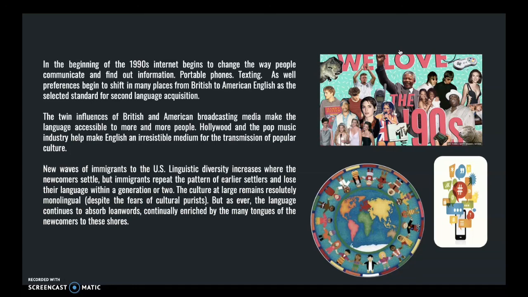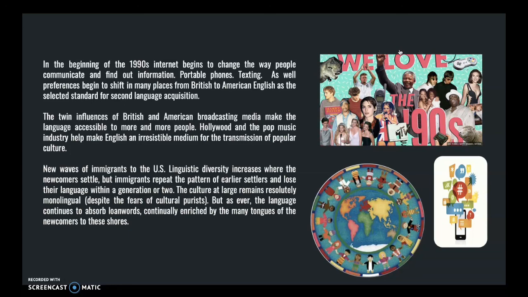Also, new waves of immigrants to the U.S. and Great Britain make changes to the language. Linguistic diversity increases where the newcomers settle, and it seems that immigrants repeat the pattern of earlier settlers and lose their language within a generation or two.